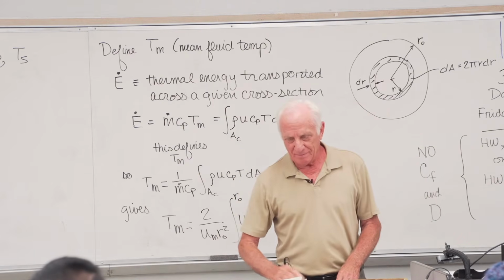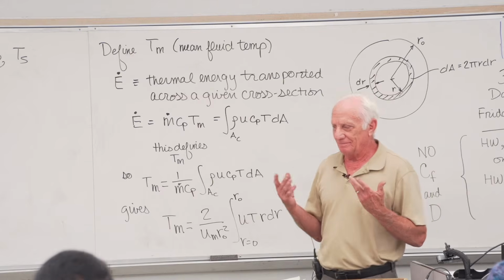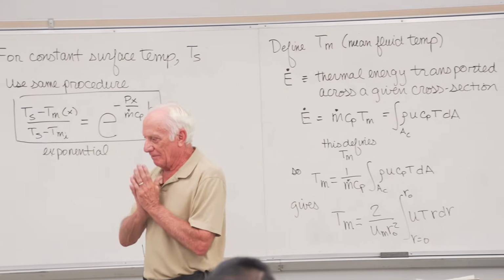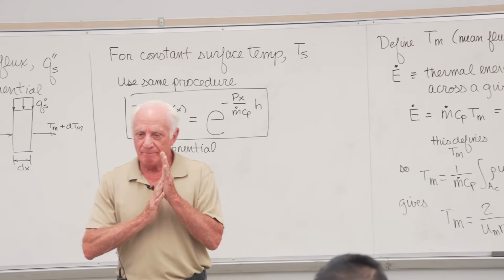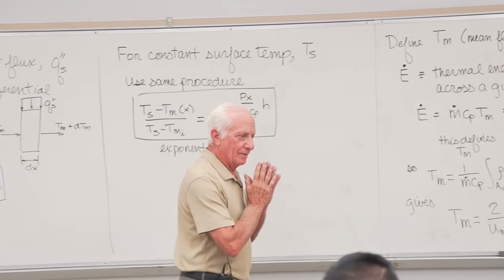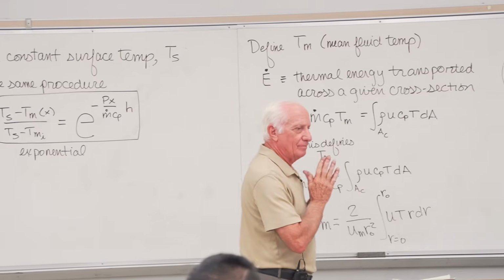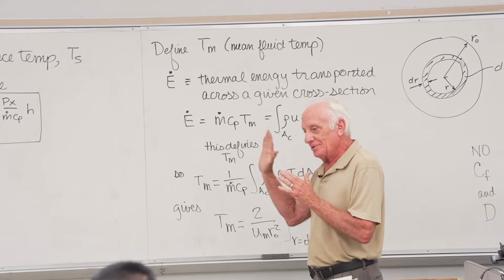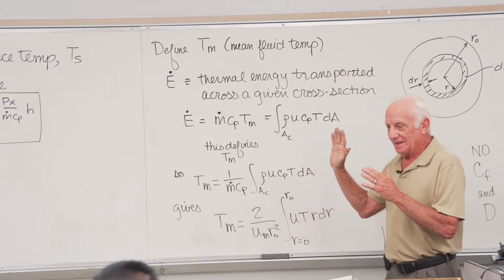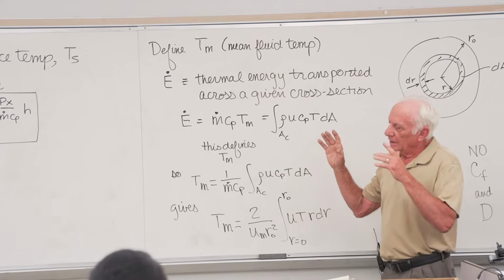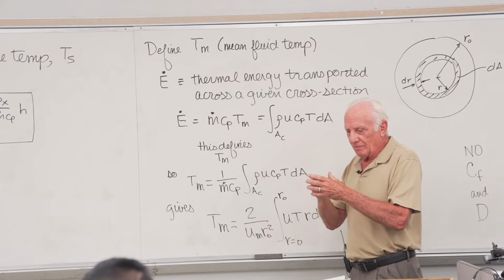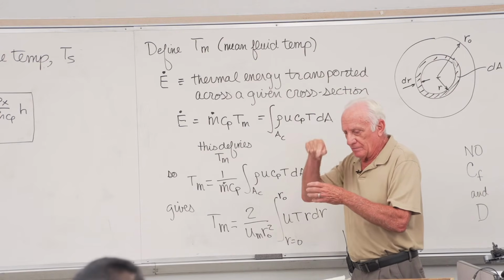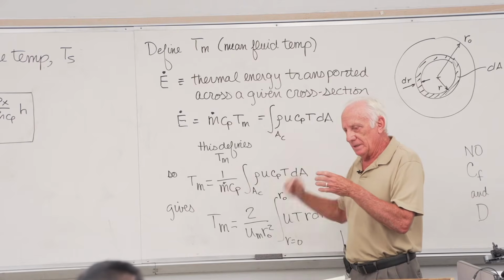If you want a less mathematical definition of T mean, some people call that the mixing cup temperature. So if you would cut that tube at a certain location and let that fluid, say it's water, go into a cup of water and then stir that cup of water and put a thermocouple in there, that's T mean.